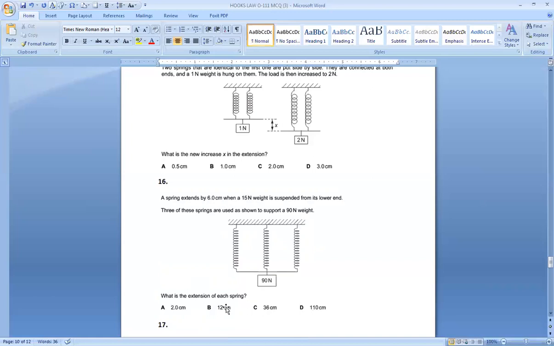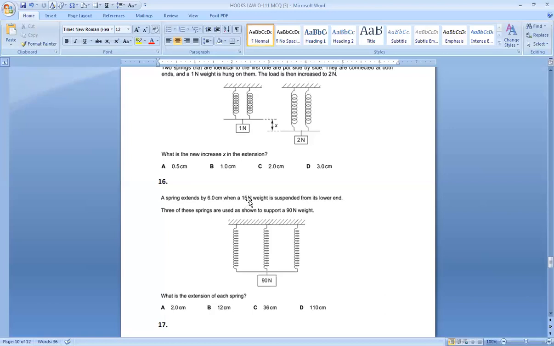Listen again carefully. If I have a single spring, it will extend 6 centimeter for 50 Newton. I'm not considering this diagram. If I attach 3 springs with the 50 Newton, instead of 6 centimeter, they will extend 2 centimeter because each spring is carrying its share of 5 Newton only.